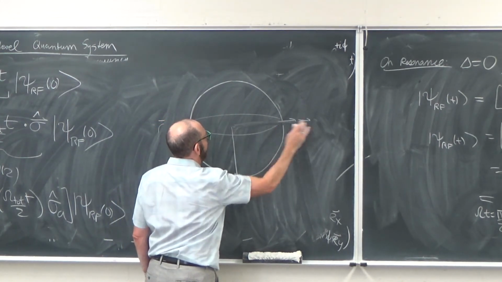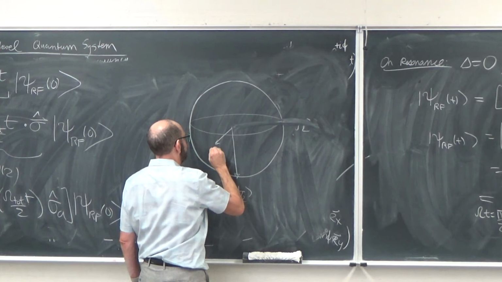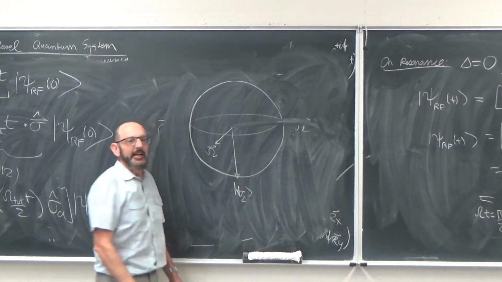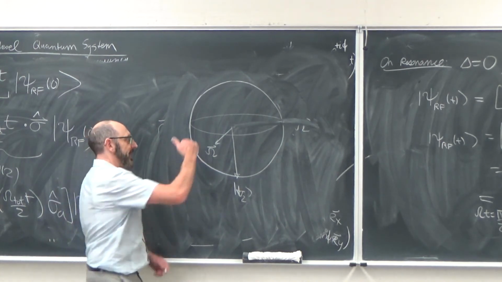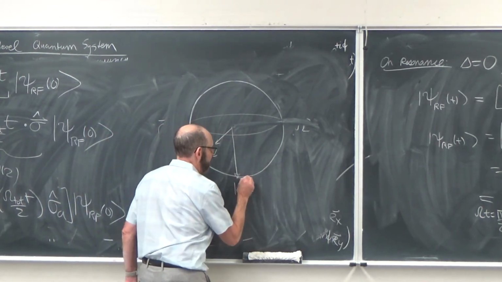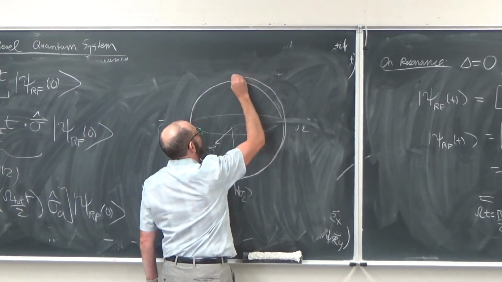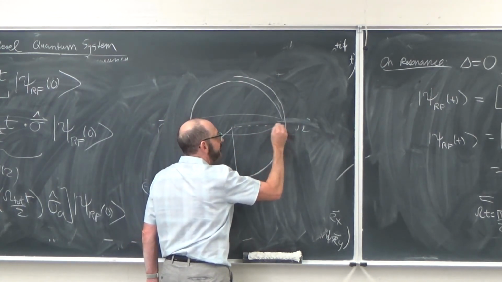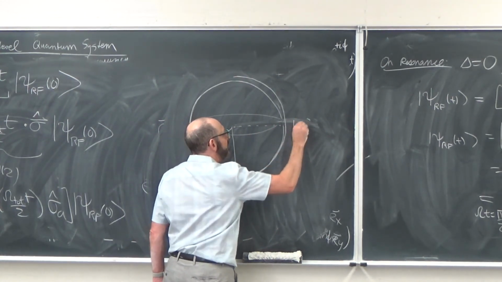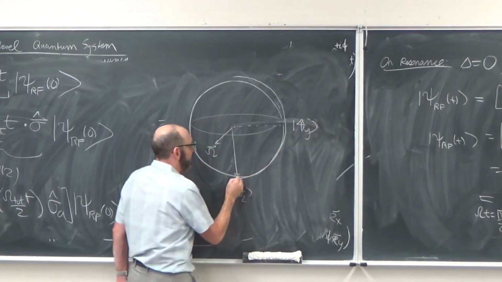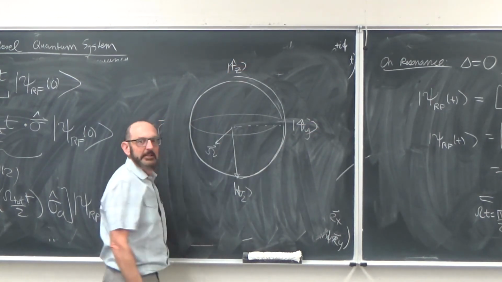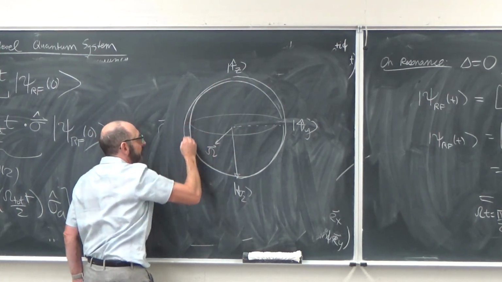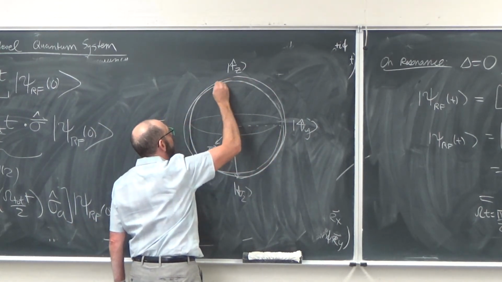Oh, the x direction is out of the board. In the rotating frame, I just see that. What's going to happen? It's going to Larmor precess around here. When I stop, when the angle is pi over 2, I'm here, spin up along y. And eventually, I get to be spin up along z. And I'm going around the great circle here, driven.